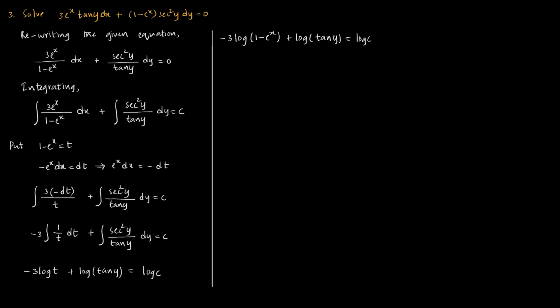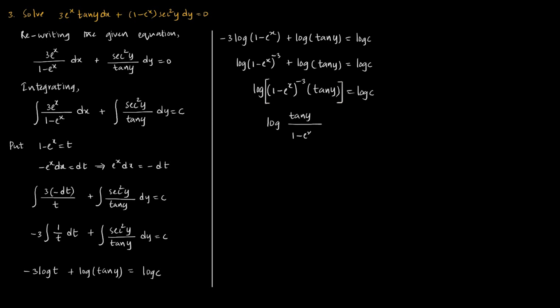Implies log of (1 minus e to the power x) whole to the power minus 3 plus log of tan y equals log c, implies log of tan y by (1 minus e to the power x) whole cube equals log c.